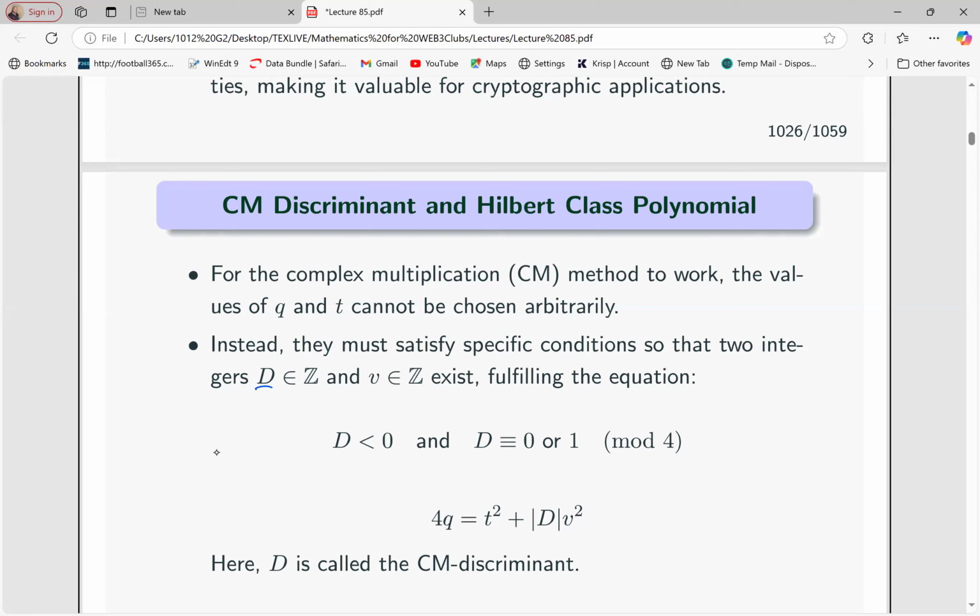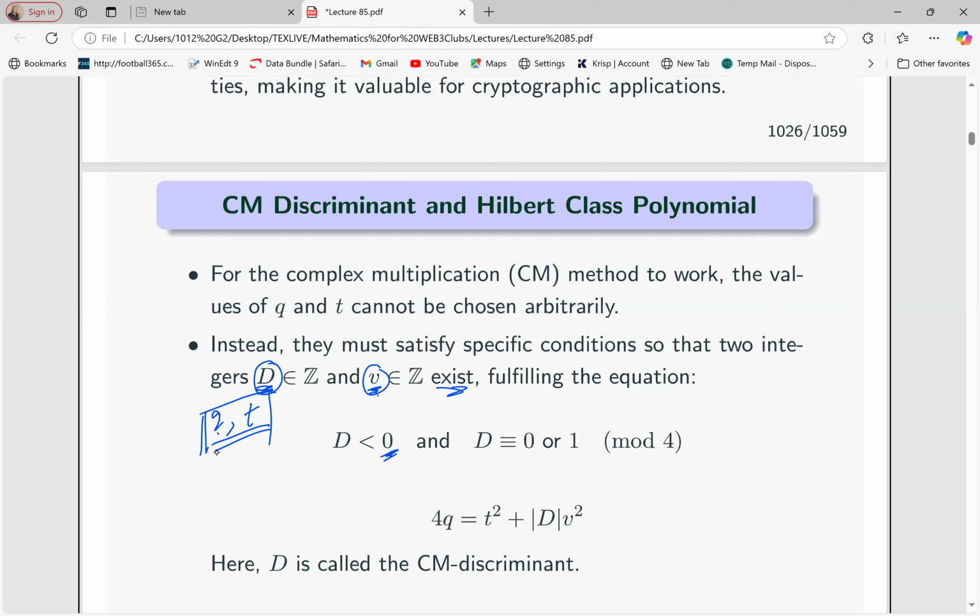They must satisfy specific conditions so that two integers, D and V, exist. What I mean is that when you choose Q and T, you must choose them such that these two integers will exist. You might choose a Q that will not give you these integers, and we'll be seeing that. Consider that your choice would give you these two integers, D and V, where D should be less than 0.